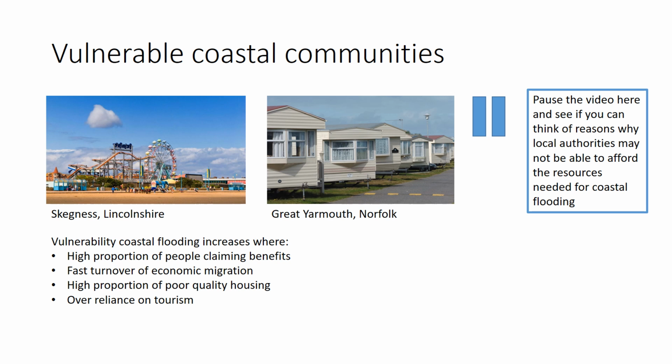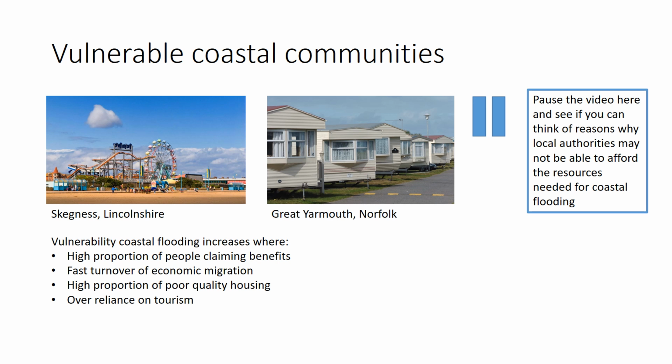And this might be because a higher proportion of people claim benefits in that community, or there is a fast turnover of people through economic migration, or a higher proportion of poor quality housing in that community, or perhaps that community solely relies on tourism, which results in seasonal employment and therefore low incomes.